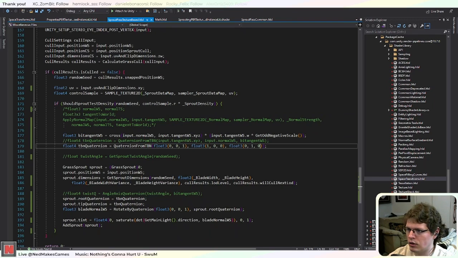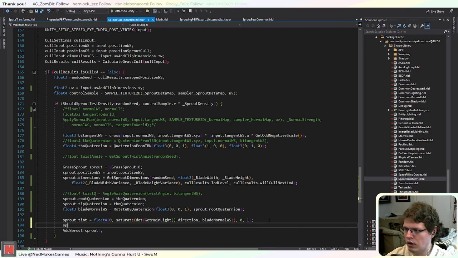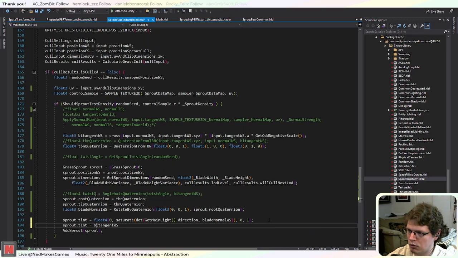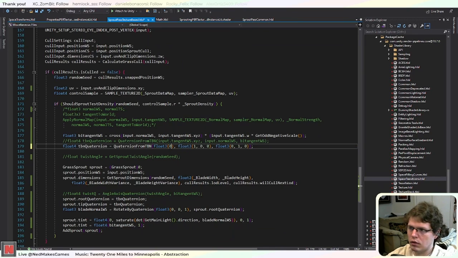Okay, let's just output this as the color. And then we can see what is actually in the bitangent. I guess I should make this a little bit more sane so it's easy to see what's going on.